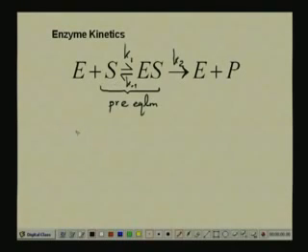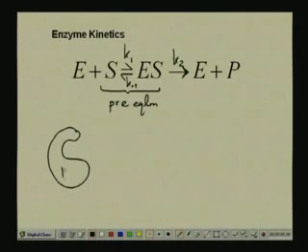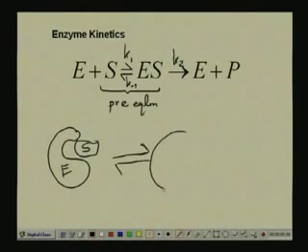So, we basically, if we just draw what it looks like, we have say an enzyme and we have our substrate. They are forming an enzyme substrate complex.